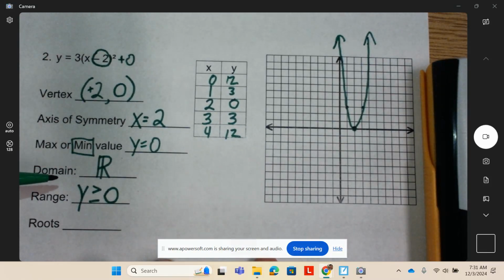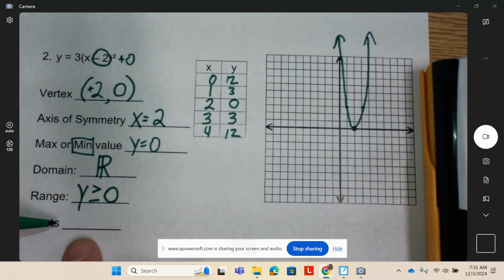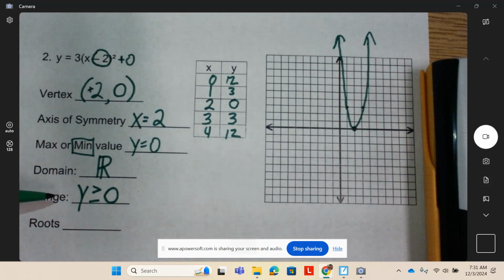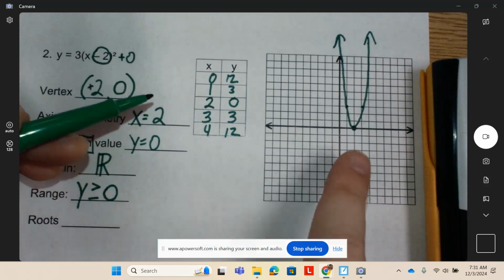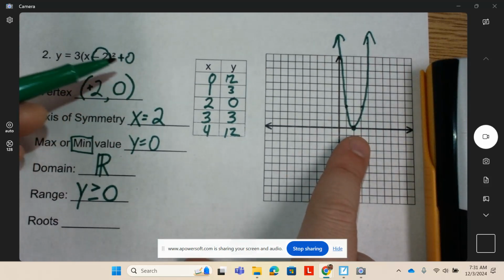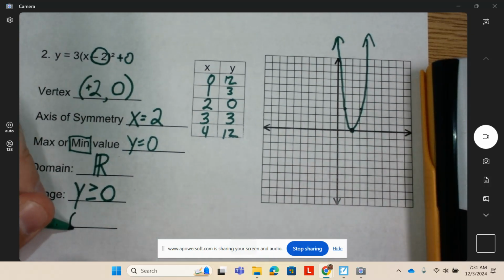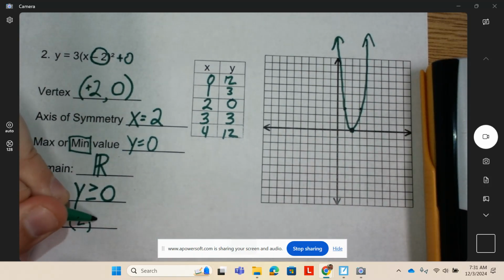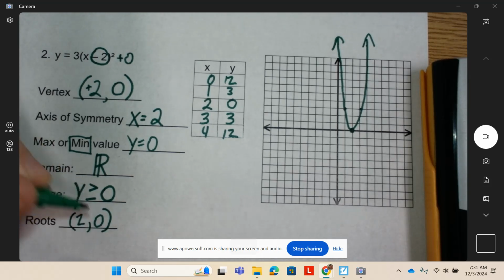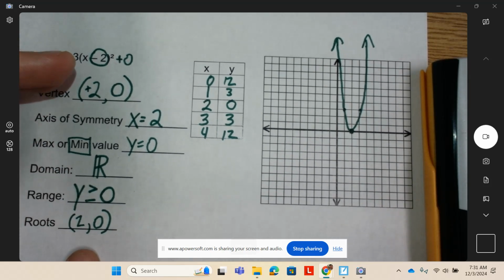Last but not least, we've got our roots. For this one, it looks like the root, where it crosses the x-axis, is just at 2, 0. So that would actually be a double root. That's the only 0, the only root that I've got for that one.